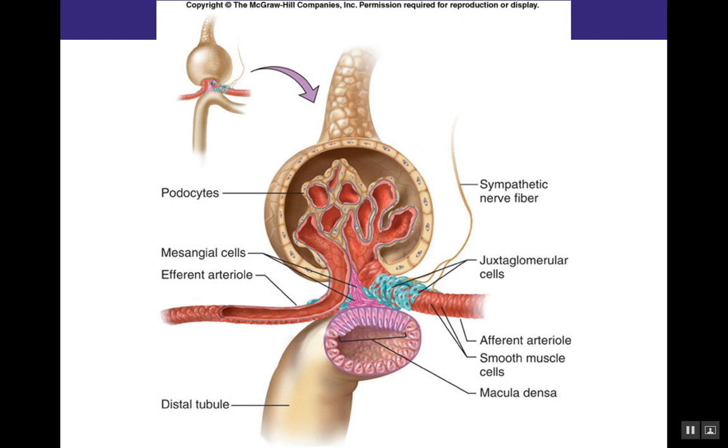They also change capillary surface area, and the intraglomerular mesangial cells are very closely associated with the podocytes, and when they contract, they can decrease the filtration slits and have effects on glomerular filtration rate.